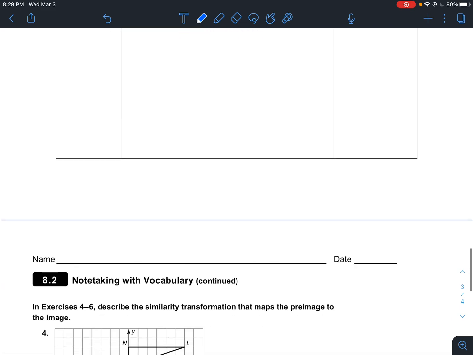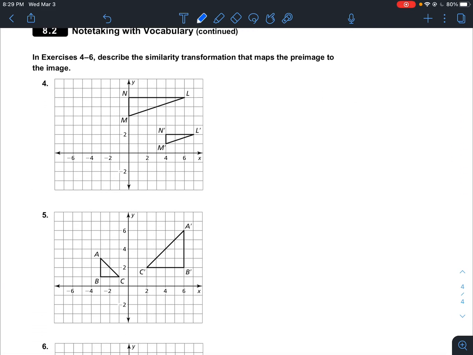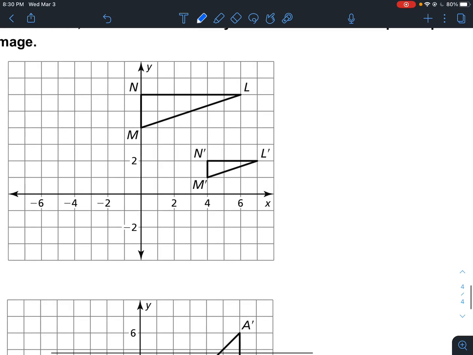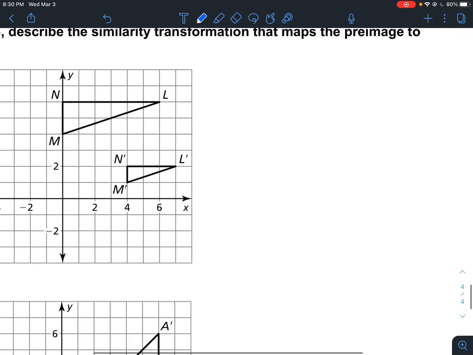Okay, so let's try a couple more over here. So first of all, what's easiest for me to help me see is to just list the points. So from N, I start at 0, 6. At M, I'm at 0, 4. At L, I am at 6, 6.